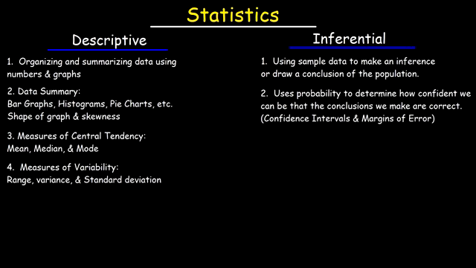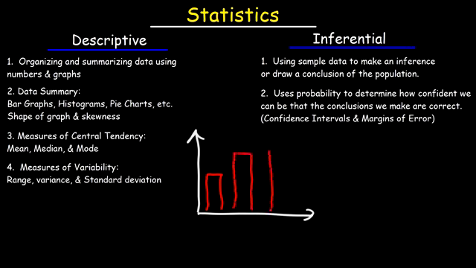In descriptive statistics, you're basically organizing and summarizing data using numbers and graphs. For instance, you could summarize your data using a bar graph, which looks like this. Many of you have seen this in middle school or high school. You could even organize your data into a histogram.